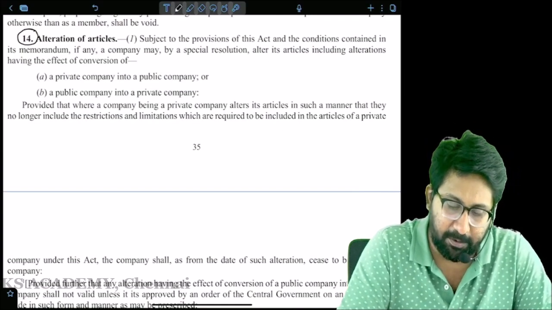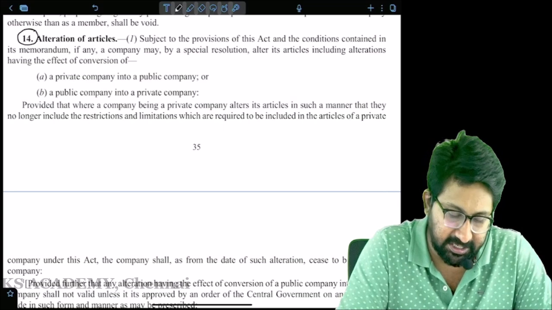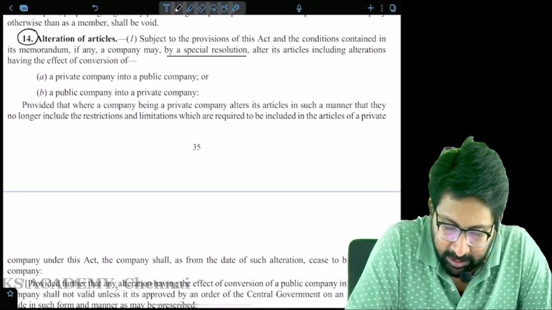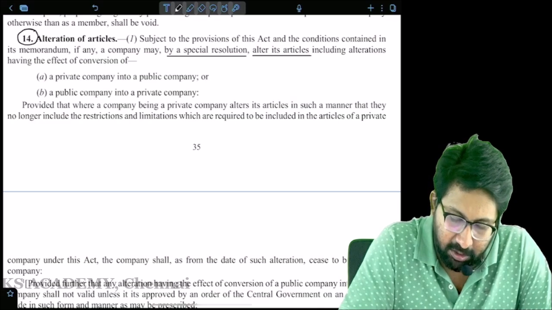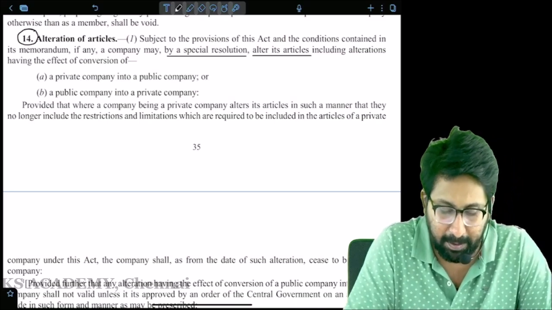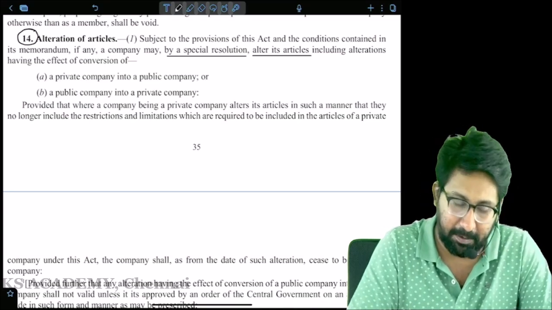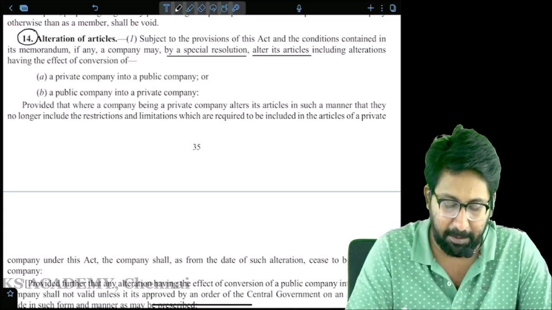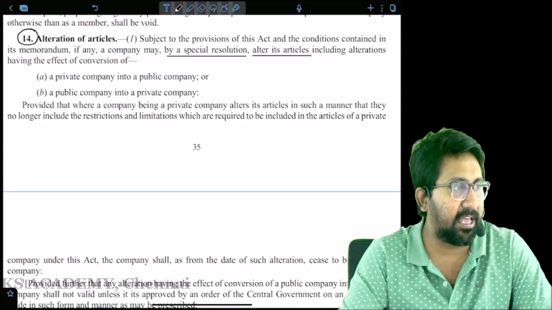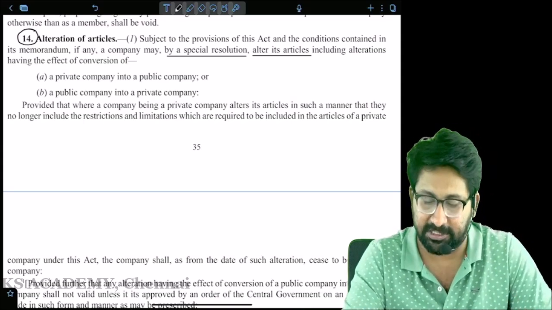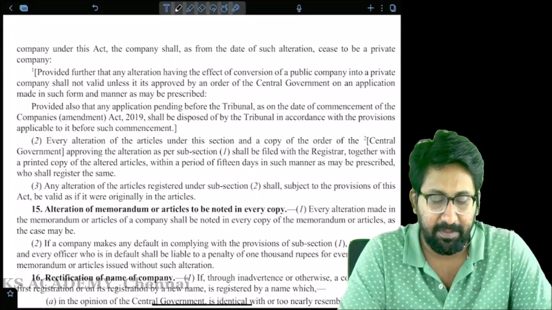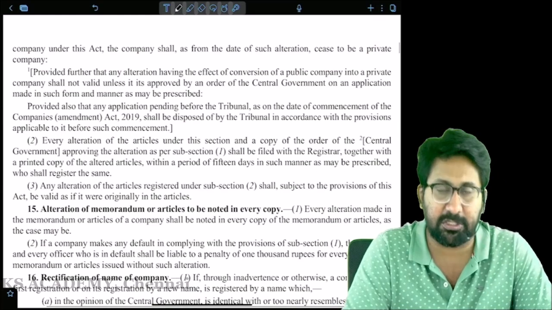Subject to the provisions of this Act and the conditions contained in the memorandum, if any, a company may, by a special resolution, alter its articles, including alterations having the effect of conversion of a private company to a public company or a public company to a private company, provided that where a company being a private company alters its articles in such a manner that they no longer include restrictions and limitations which are required to be included in the articles of a private company under this Act, the company shall, as from the date of such alteration, cease to be a private company.